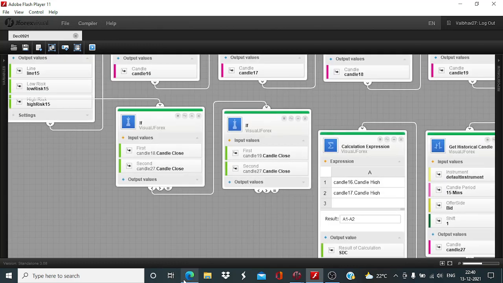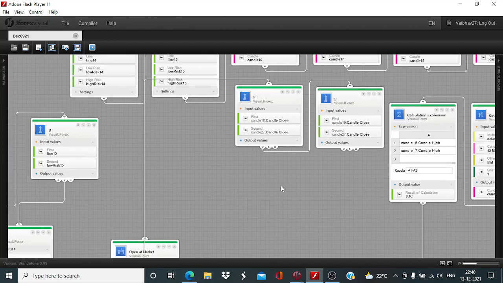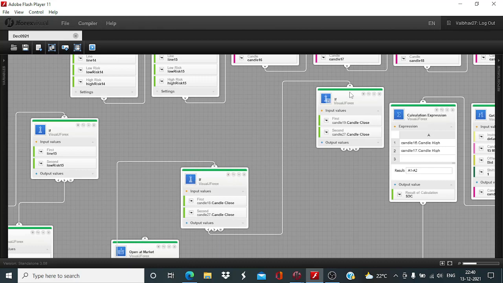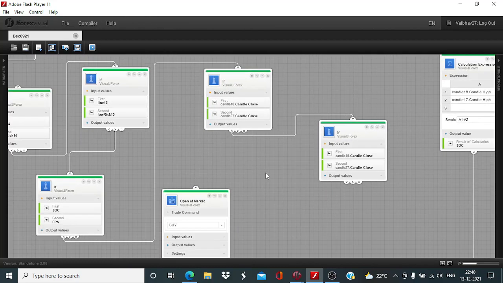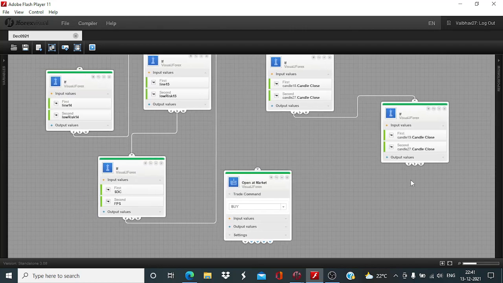It should have closed higher. First input greater than second input.